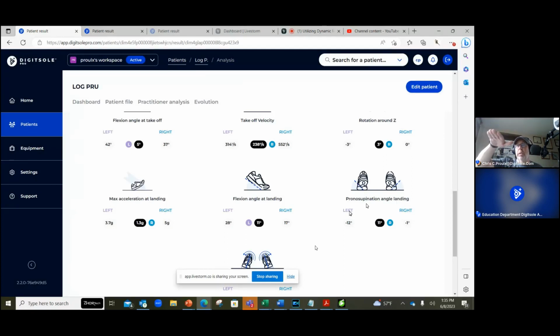We're actually looking for a relatively neutral position, sort of similar to what a lot of pitchers you might see on the mound when they're throwing and moving out of that stretch and going into that forward momentum position. So we see the negative position is more so heel inversion, or supination as we call it, and then -1 here.